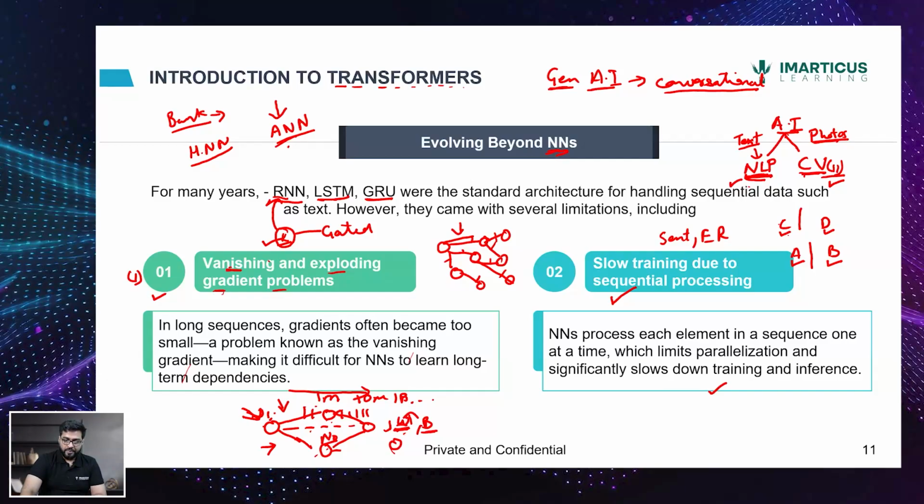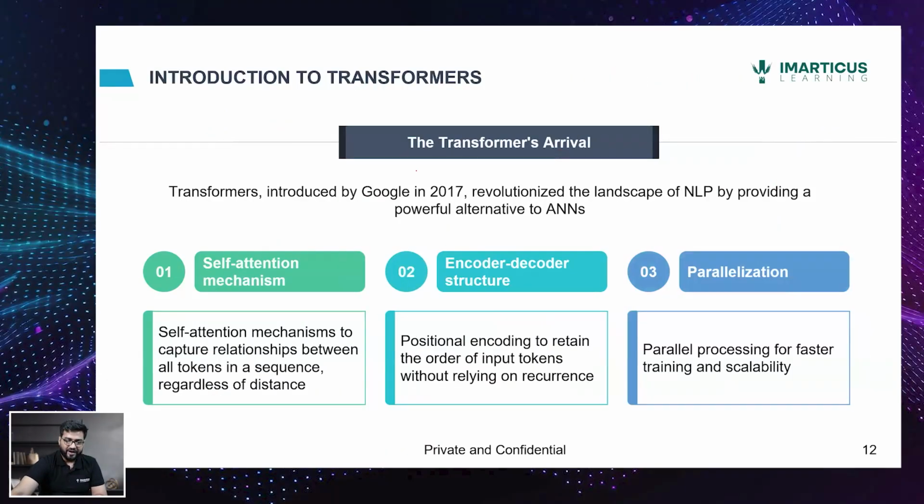So to overcome this issue, fairly recently, Google introduced transformer architecture. Transformers, introduced by Google in just 2017, revolutionized the landscape of NLP, or we can say revolutionized the landscape of artificial intelligence, by providing an all-powerful alternative to artificial neural networks.